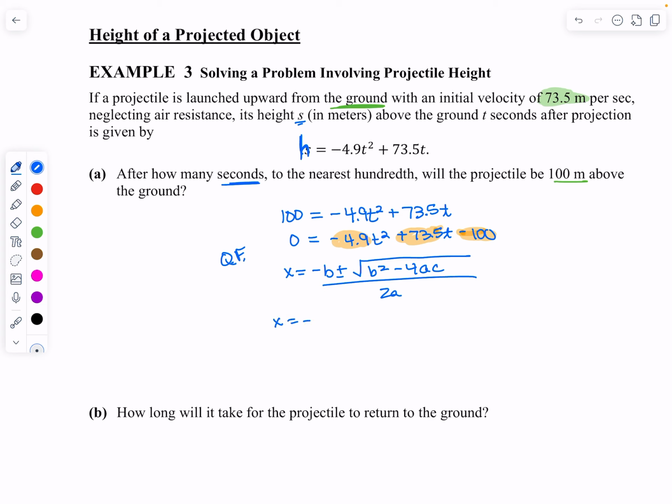So I'm going to plug it in, negative 73.5 plus or minus the square root of 73.5 squared minus 4ac. My a is negative 4.9. My c is negative 100 all over 2a, and my a was negative 4.9.